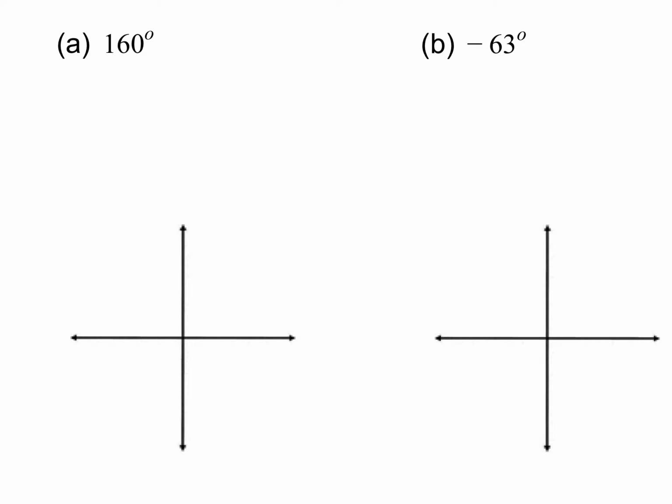Now I need to draw the angle. So I start by putting the vertex at the origin and the initial side on the positive x-axis. All right, so that is my initial side. Now, my angle of rotation is 160 degrees. So let's talk for a second here. If we rotate to this positive y-axis, we know that that's a 90-degree rotation.